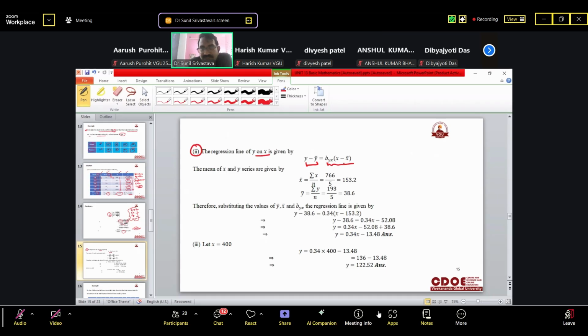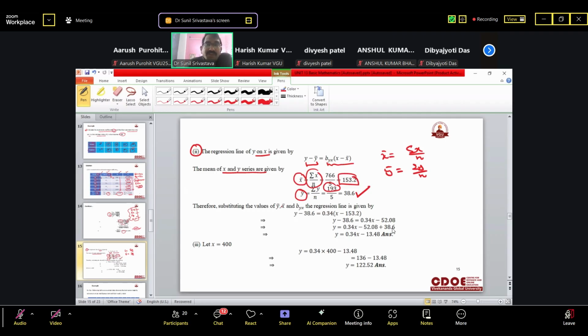The means of the x and y series are given by x bar equal to summation of x upon n, and y bar equal to summation of y upon n. So summation of x, from the table, is 766, divided by 5, the answer is 153.2. Similarly, y bar is summation of y upon n, that is 193 divided by 5, and the answer is 38.5.